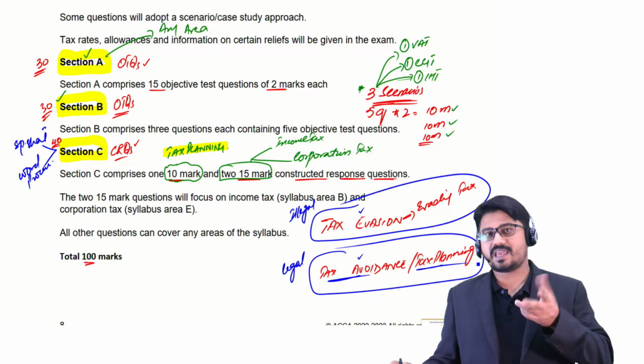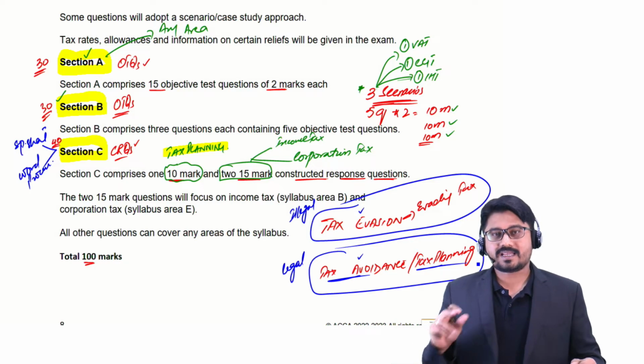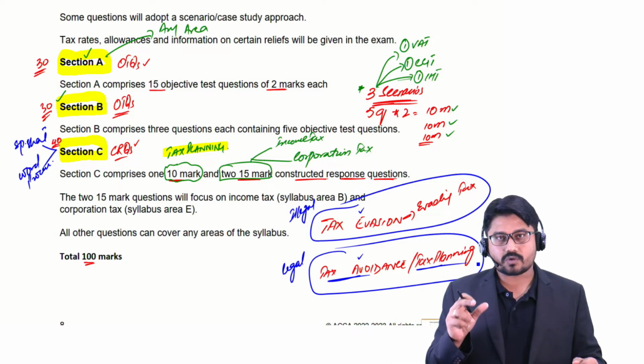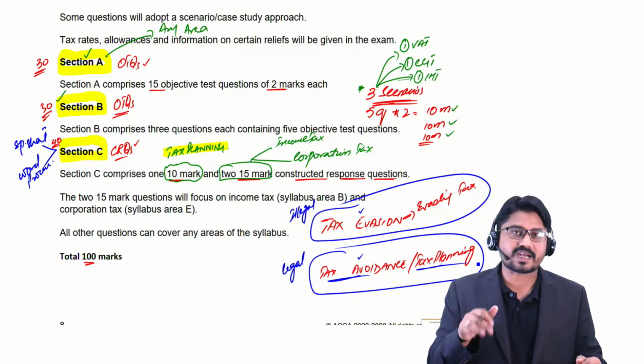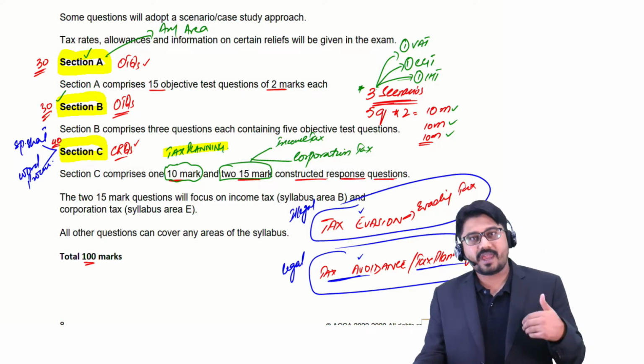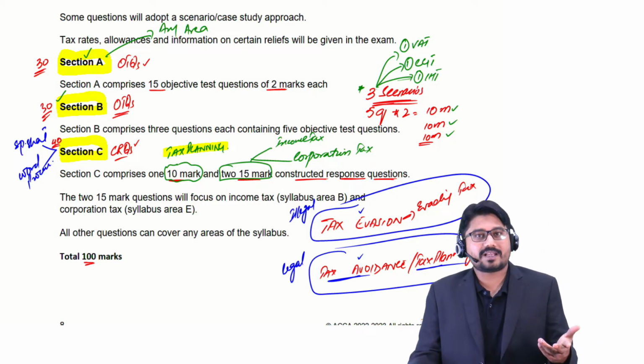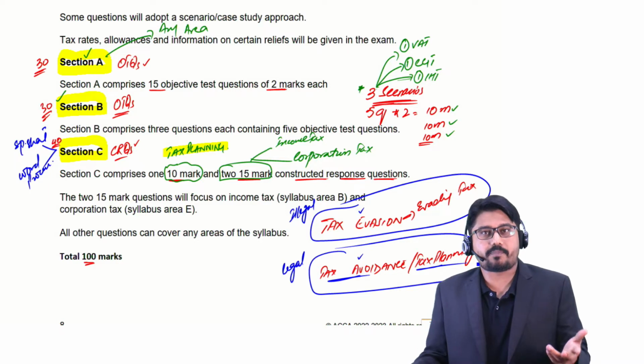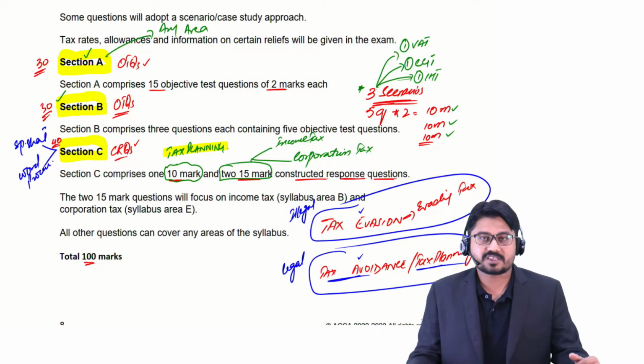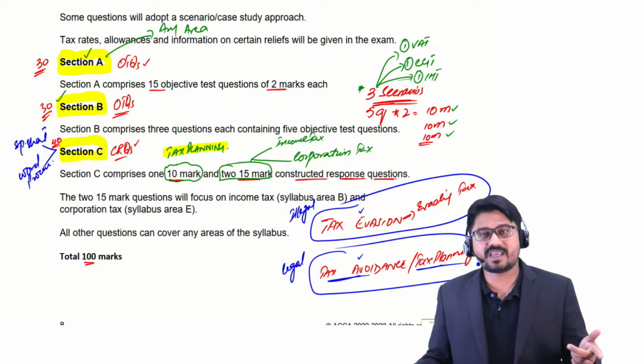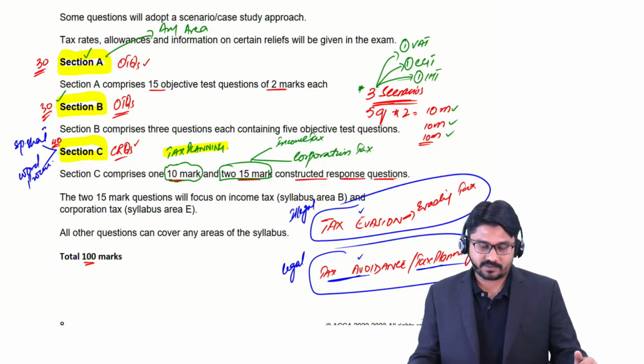The objective is the same for both, tax evasion and tax avoidance: to reduce the tax liability. But the way you try to achieve that objective is different. One of them is an illegal activity and the other one is a legal activity.